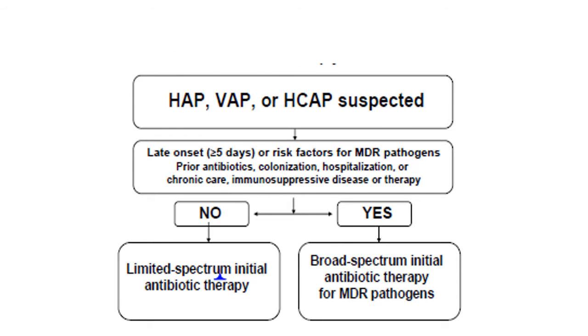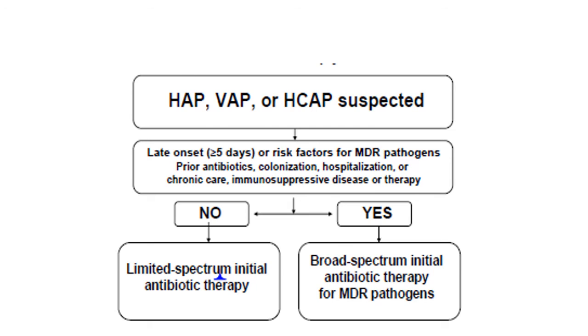So looking at this, say we have our healthcare-associated pneumonia that we're suspecting here. Let's look at the things that may put us at risk for having a multi-drug resistant bug here, right? So again, looking at the previous antibiotics. And looking at colonization. Now, when I say colonization, what do you think that means? It's like some British bugs that come over and they say, this is my land now.